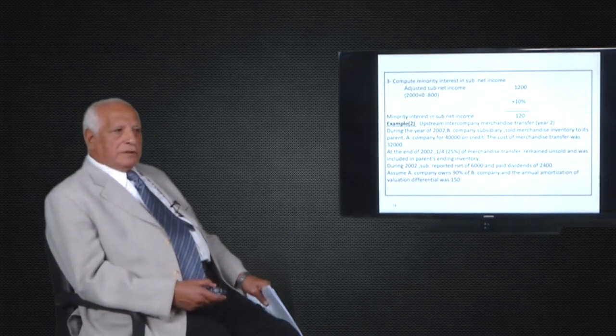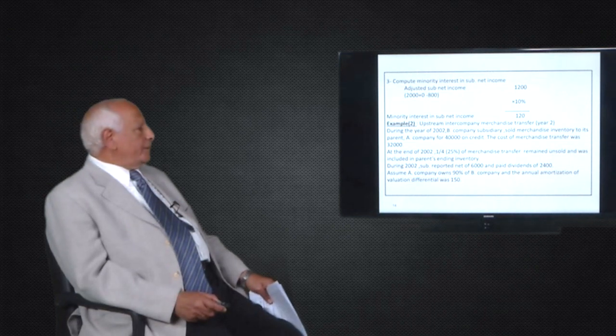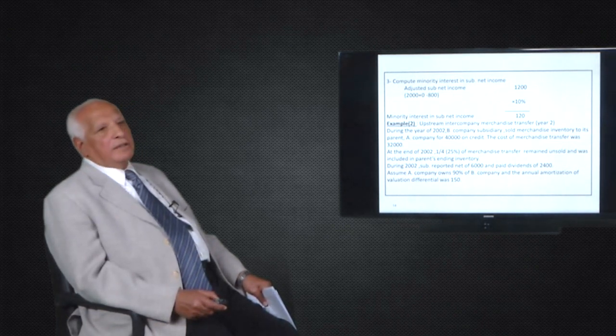When you go home, read it and try to do it many times to understand, especially year 1, year 2, and next one for upstream and downstream. During 2002, B reported net income of 6,000 and paid a dividend of 2,400. He asks you again, assume A company owns 90% of B and the annual amortization is the same number, 150.